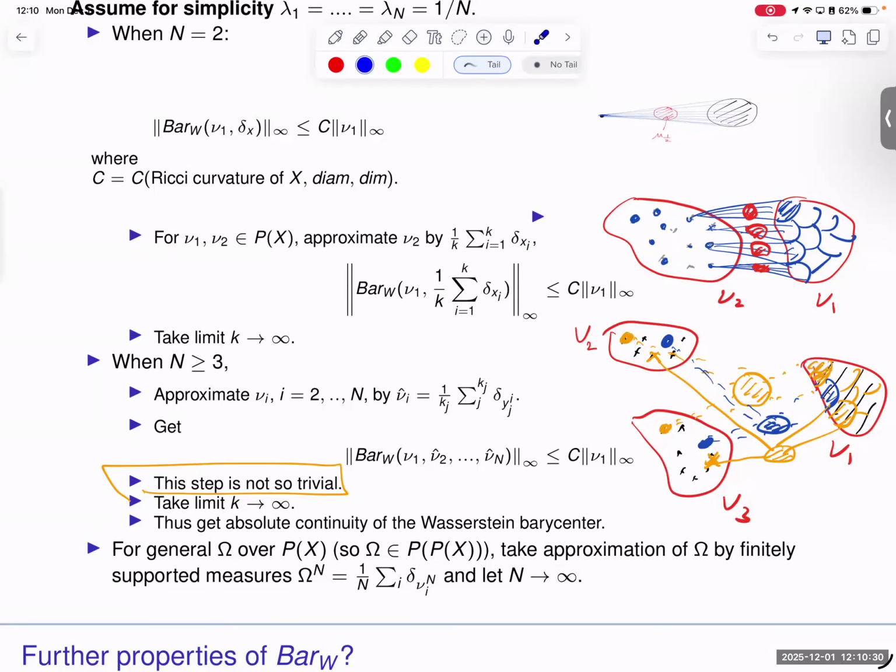It's not like you are splitting the mass to the two points. Every point here is matched to this point. So you have, let's say, x1, x2, x3, which are matched together.